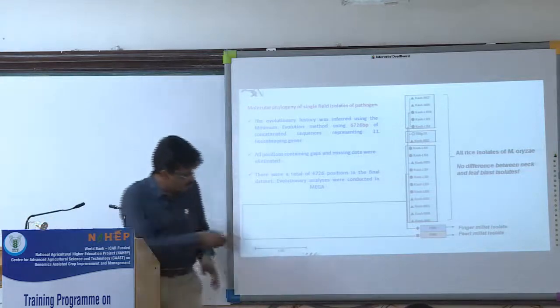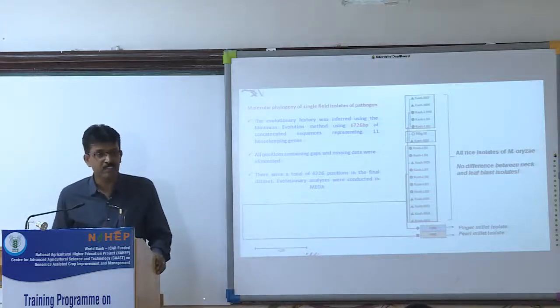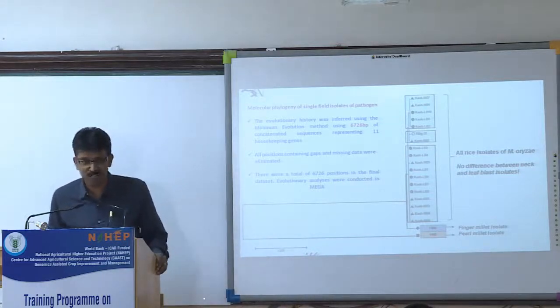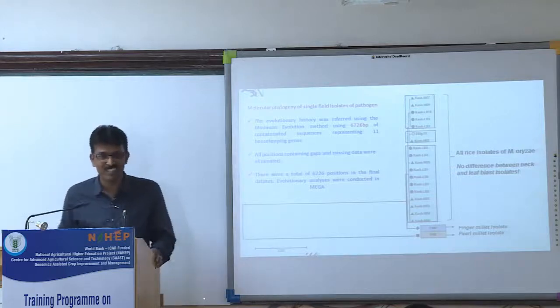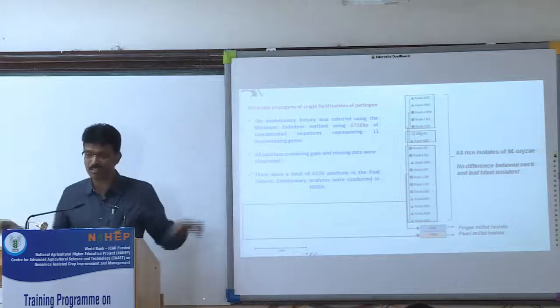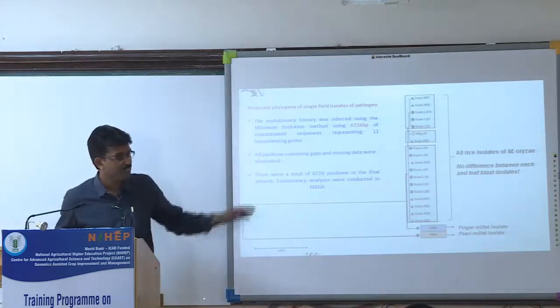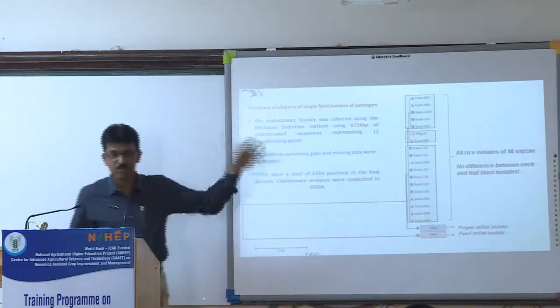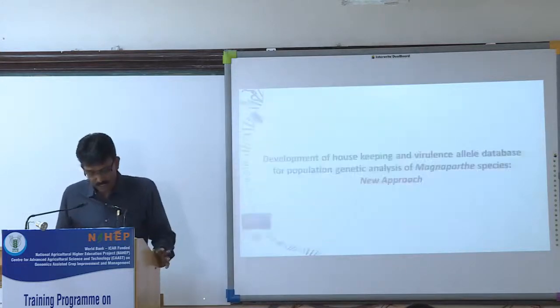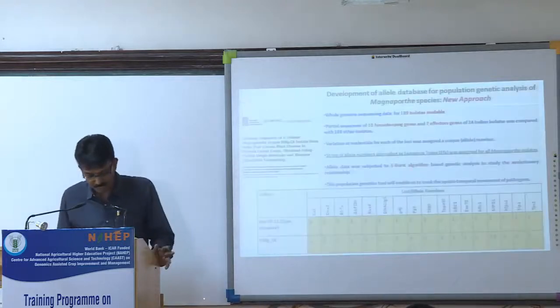The message here is that the strain causing blast in pearl millet is slightly closer to rice as compared to finger millet. Finger millet stands apart. The strain which is causing finger millet blast is completely different from the one which is causing rice blast and also pearl millet blast. So, the new approach I already highlighted here goes something like this.